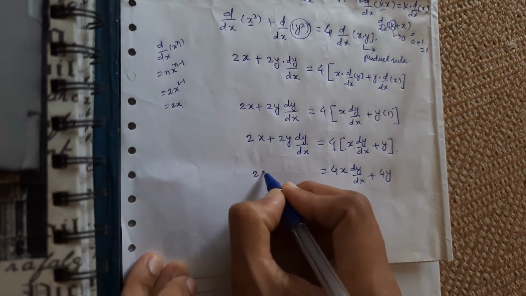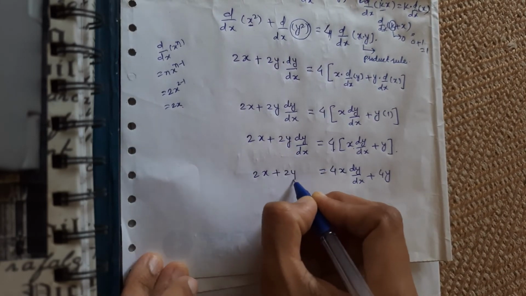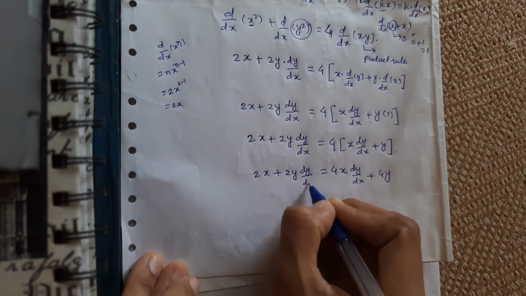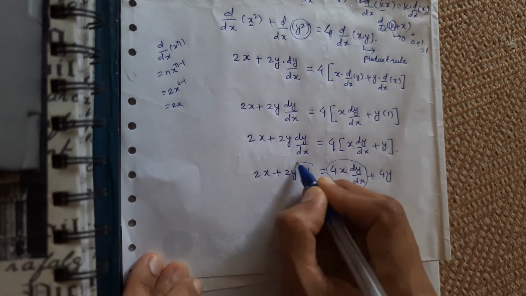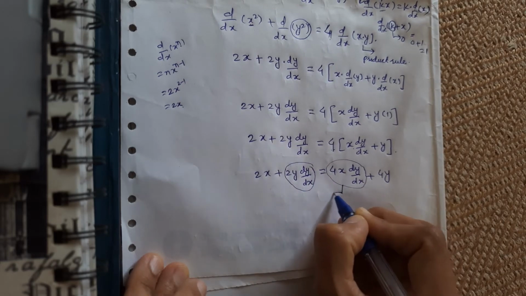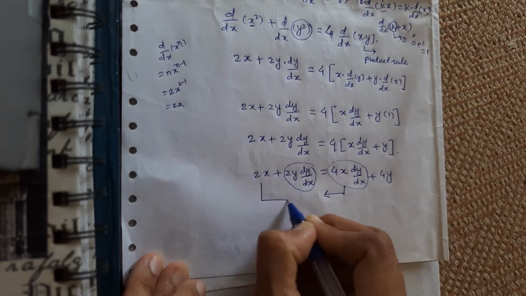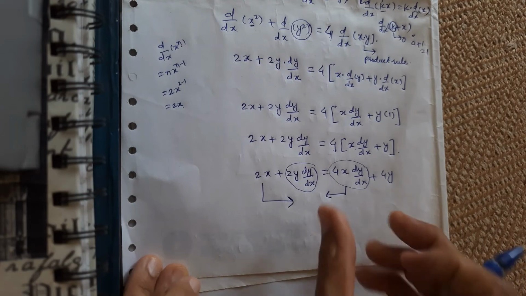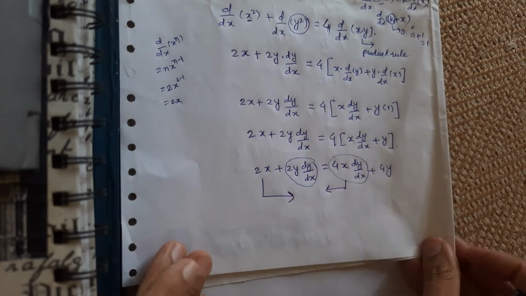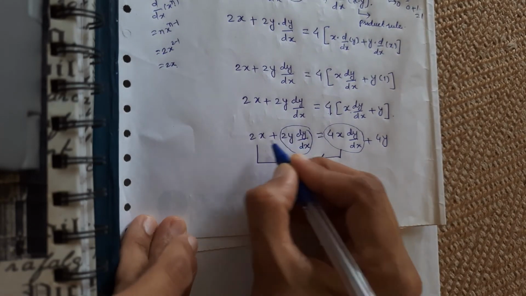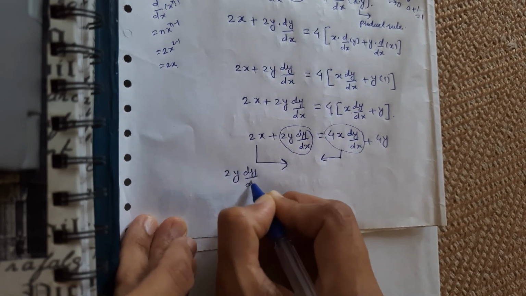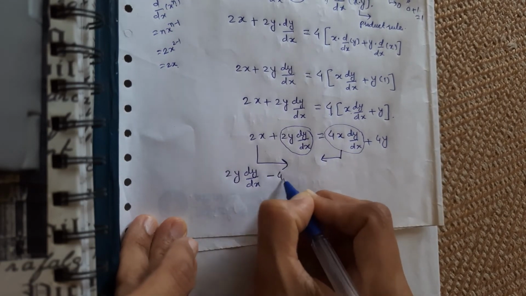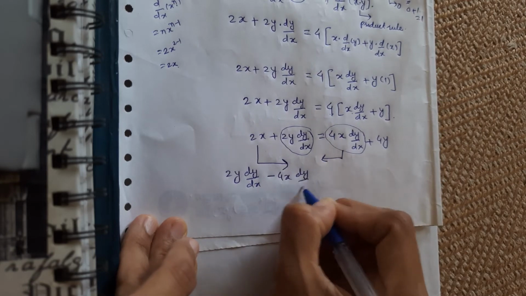Now my job is to find dy by dx, right? So what I will do, I will just collect all the terms that contain dy by dx to one side. So I am shifting this here and this term to this side, because I want all dy by dx terms on one side. So what will I get? 2y into dy by dx minus 4x into dy by dx.